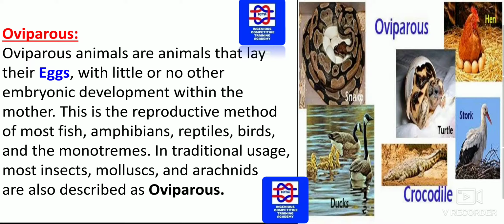In the traditional usage, most insects, molluscs, and arachnids are also described as oviparous. You can see on the right of this: hen, stork, turtle, crocodile, ducks, snakes. These are all which lay eggs and then they come out of it.